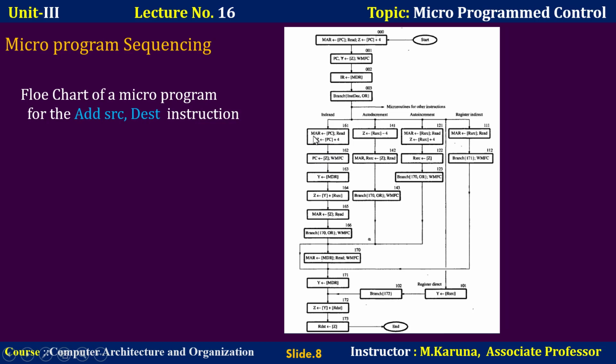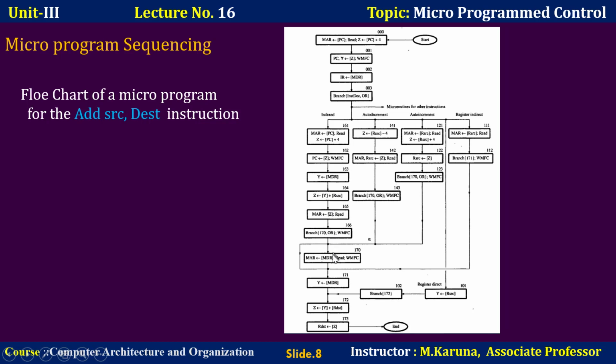Where MAR at that address, whatever data is available will be transferred to Y. That Y is the displacement. The index is some displacement, 8-bit or 16-bit, that will be added to the R source content. R source content has some address, and the displacement is added to it, then that will be loaded in MAR.